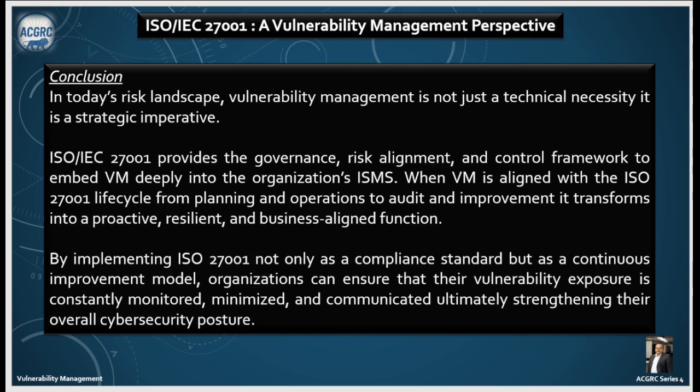By implementing ISO 27001 not only as a compliance standard but as a continuous improvement model, organizations can ensure that their vulnerability exposure is constantly monitored, minimized, and communicated, ultimately strengthening their overall cybersecurity posture.